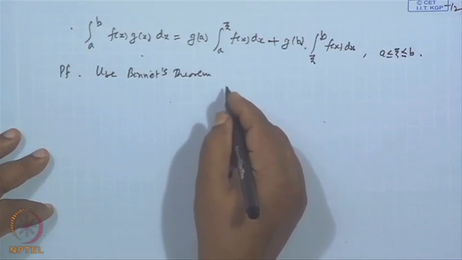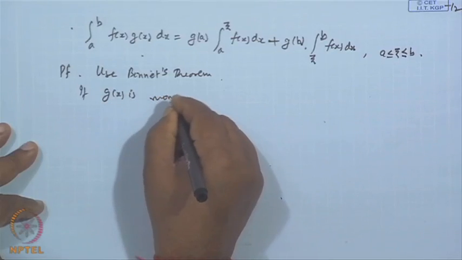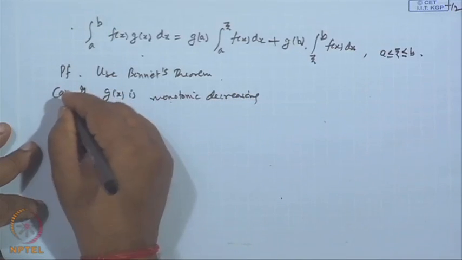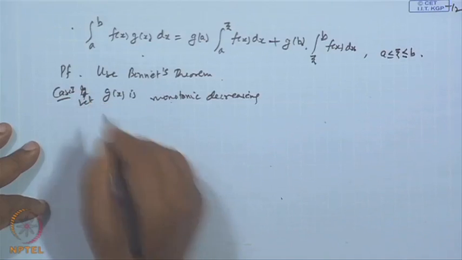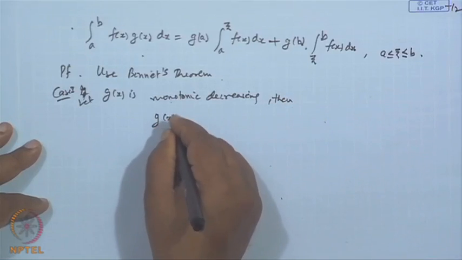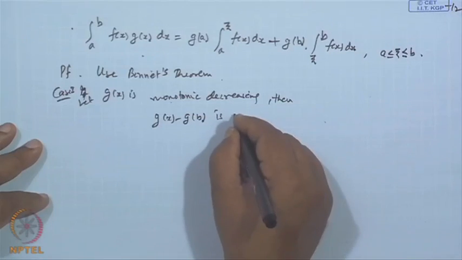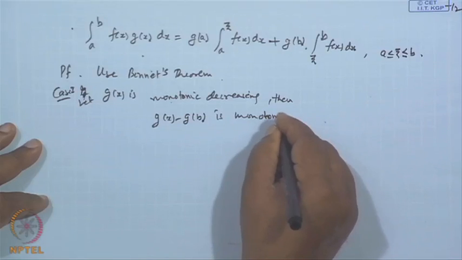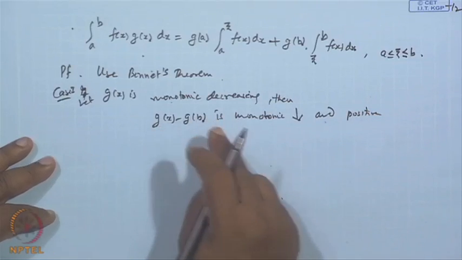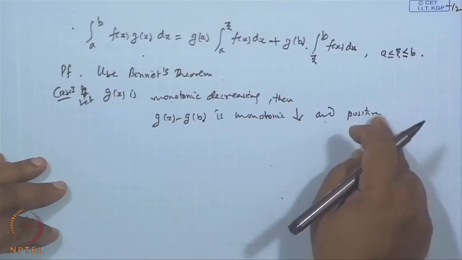Okay. So, what we say, case 1: let g be a monotonic decreasing function. Then g(x) minus g(b) will be positive and monotonic decreasing, because monotonic decreasing means the value at the point a is the highest and at b is the lowest. So, g(x) minus g(b) is always positive and monotonic, with the same sign.